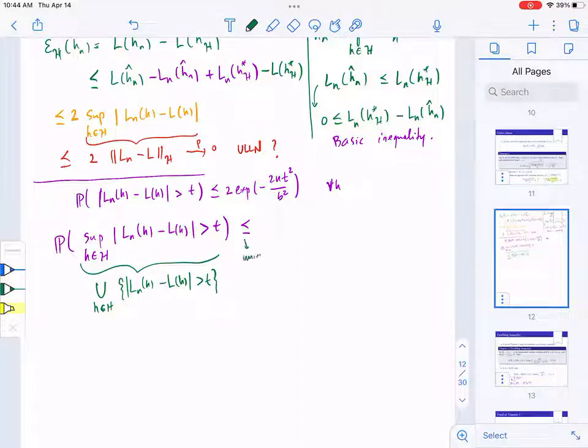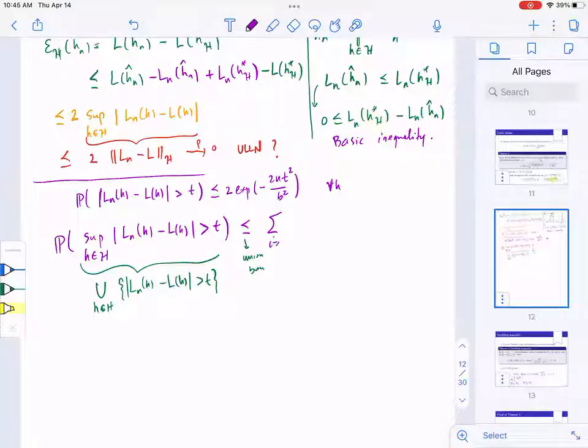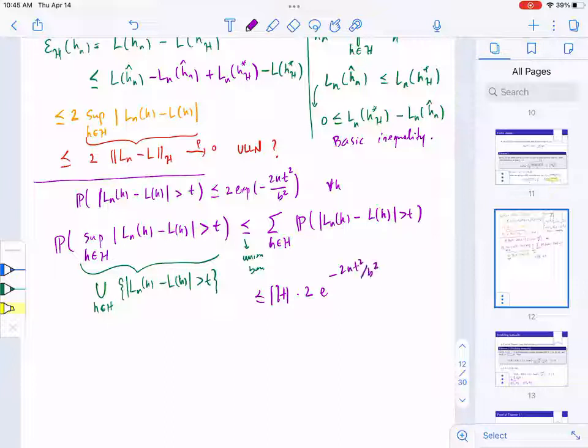Union bound, yeah, union bound. So this is bounded by the summation over h in H of the probability that L_n of h minus L of h is bigger than t. All of them are bounded by the same quantity. So I get the cardinality of H times 2 times e to the negative 2nt squared over b squared.